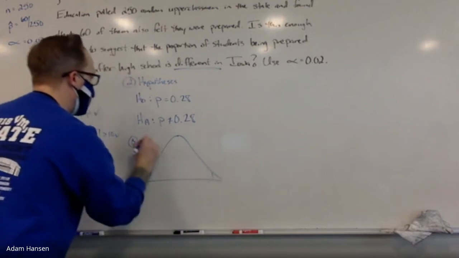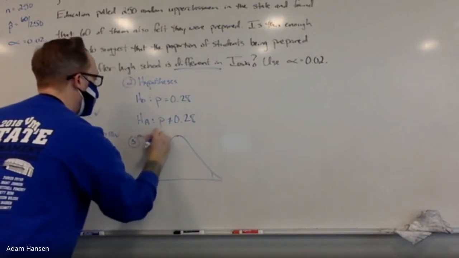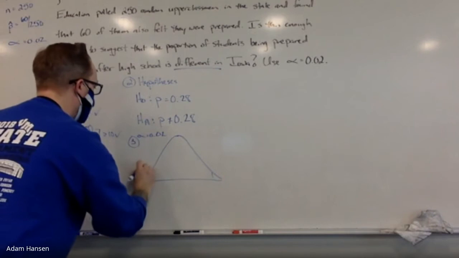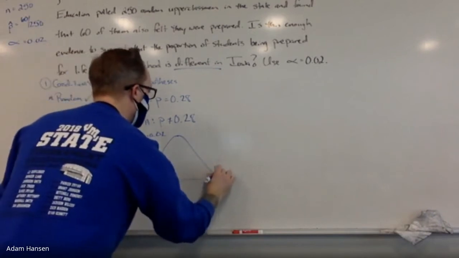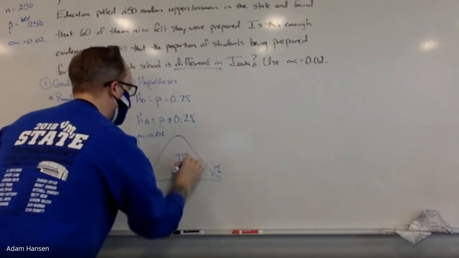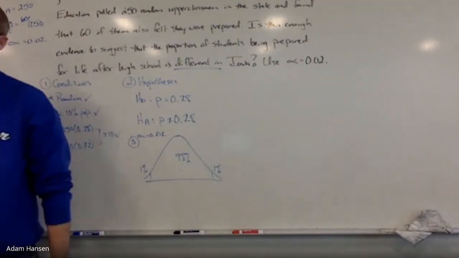What percent goes in either tail if I have an error probability of 2%? 1%. With the other 98% being put in the middle.